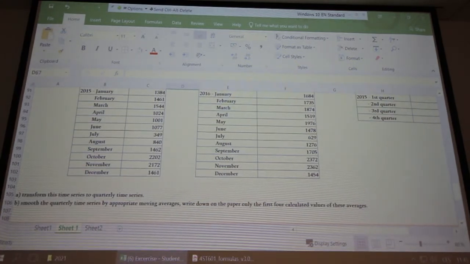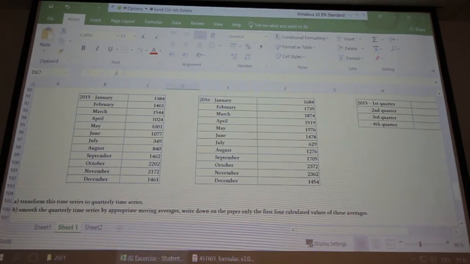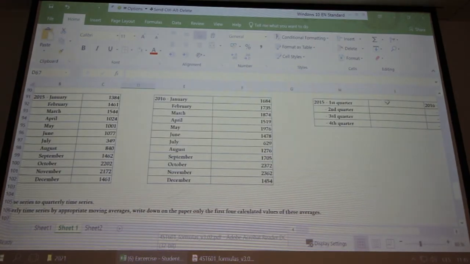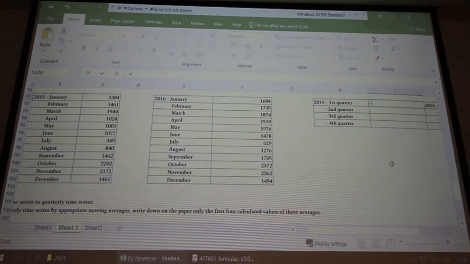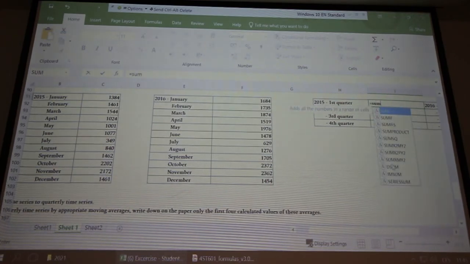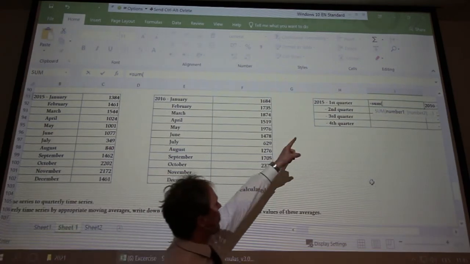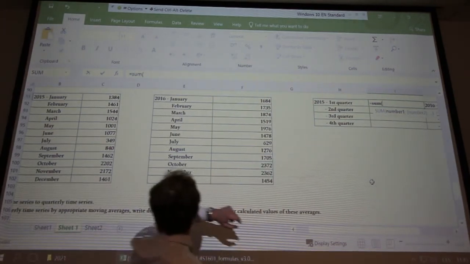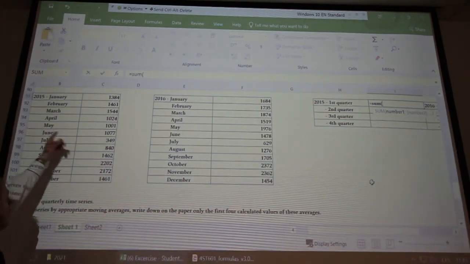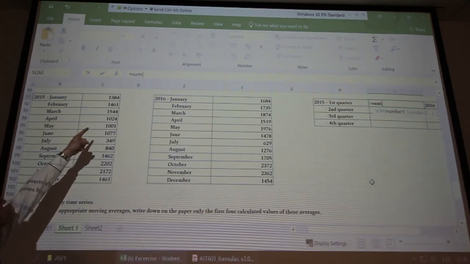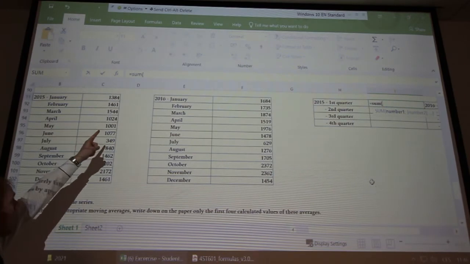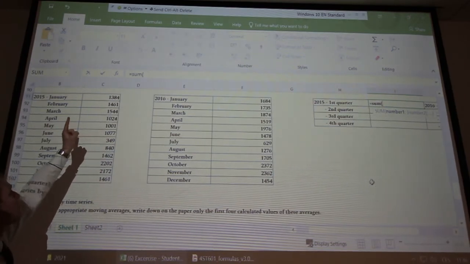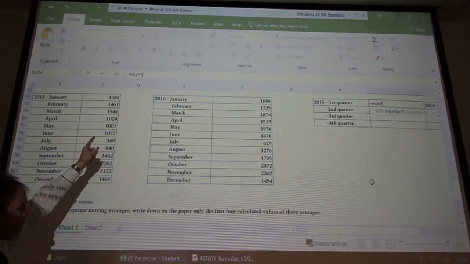I will move here. I hope that you are able to see this, but it's very easy. The first quarter of year 2015 is a summation of the values 1384, 1461, 1544.